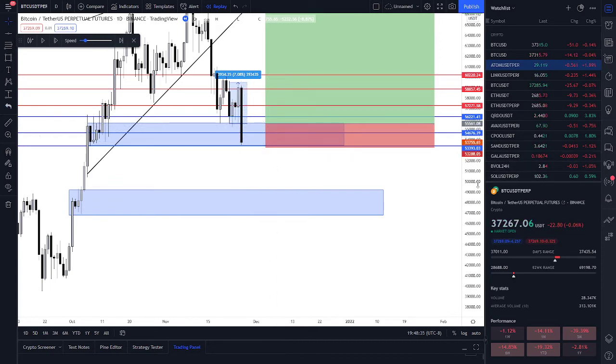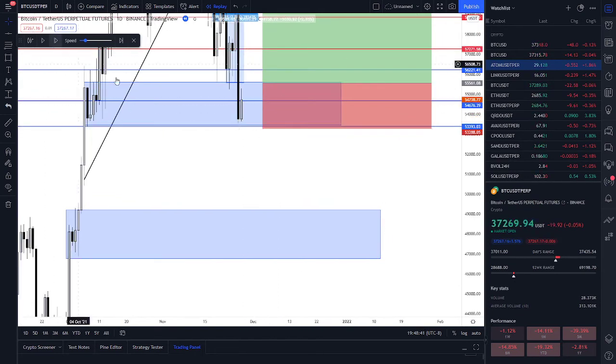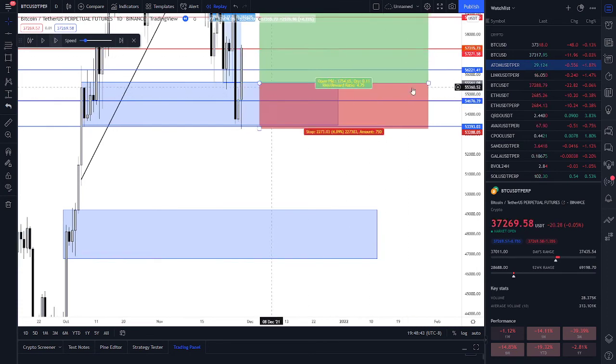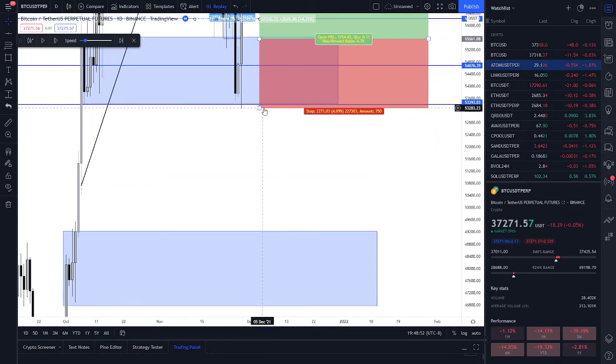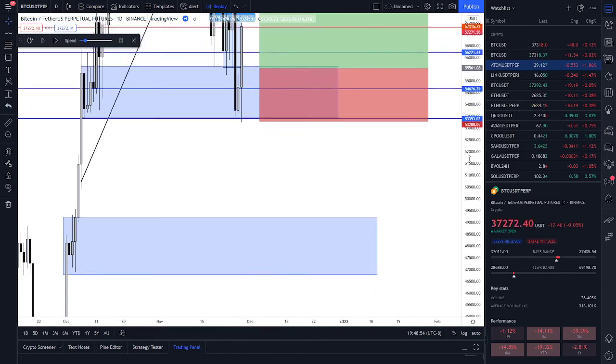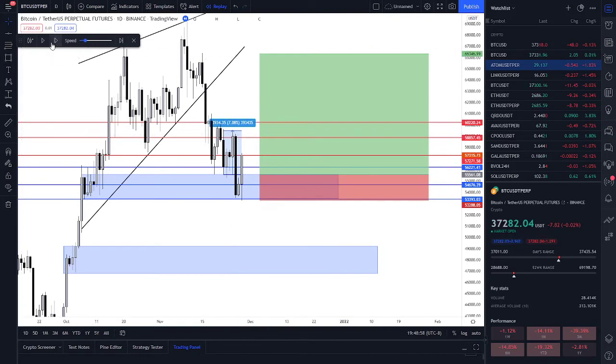First DCA, missed the last one, missed our stop loss. This one could have stopped us out, maybe not, probably did, right? But we went back up on the third tap.